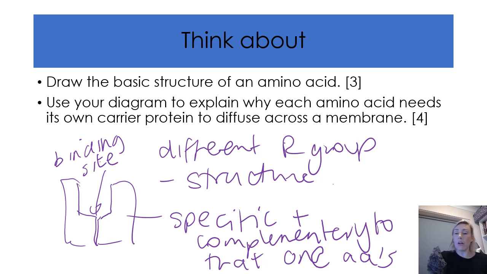And that's because that one amino acid has that specific structure due to its R group. So only that one will fit into the binding site, and only that amino acid will cause that change in shape, that change in tertiary structure that we saw in the animation, resulting in that amino acid being carried across the membrane. So they're specific. All carrier proteins are specific for the one type of molecule that they carry across. And remember, these have got to be monomer unit size. Anything bigger than that doesn't get carried across membranes.